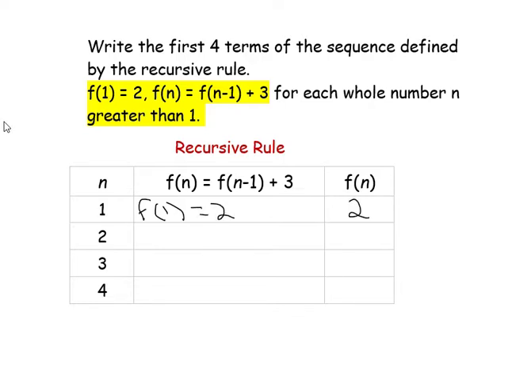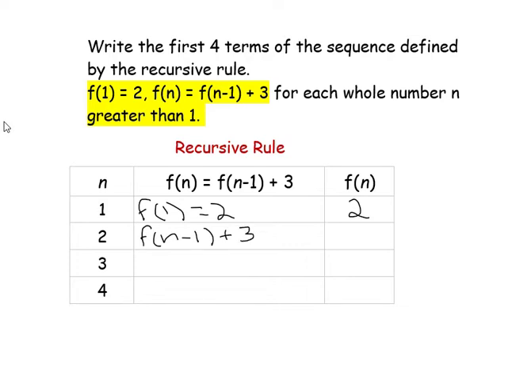Simple enough. Now, follow along here as I show you a very common mistake. Listen carefully. People will say, okay, simple enough, my second term here, all I have to do is f of n minus 1 plus 3.